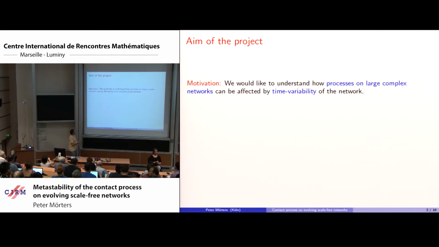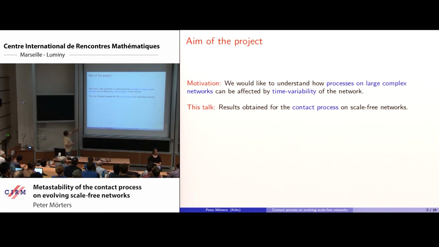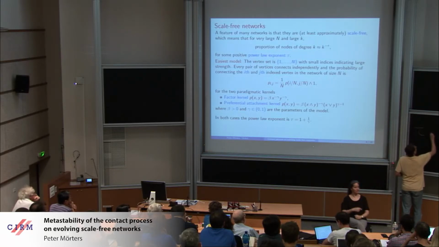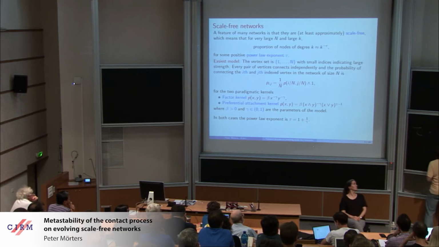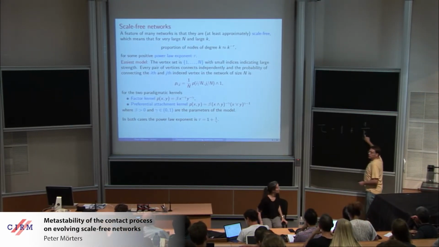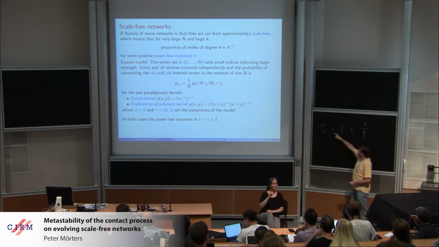So what we're going to study is, this process on the network is the contact process. I'm going to say what this is in a minute, and then we will run it on a random graph, a scale-free network, and then we will put a stationary dynamics on this network and see how this stationary dynamics influences the behavior of the process.